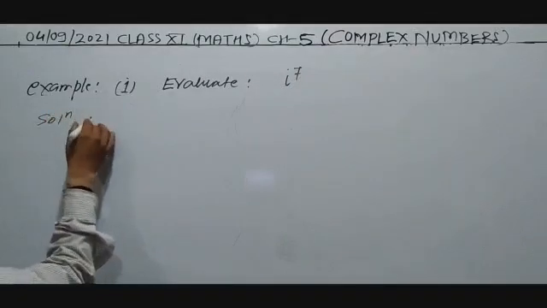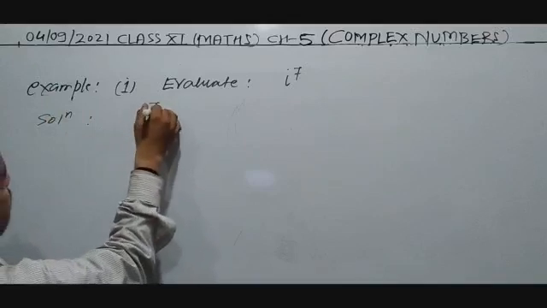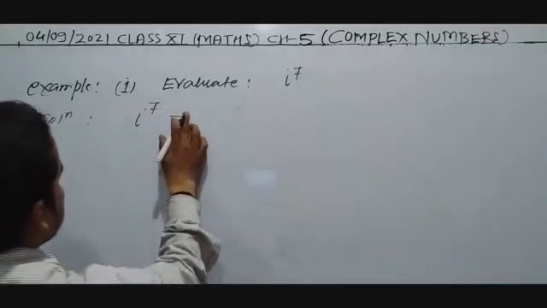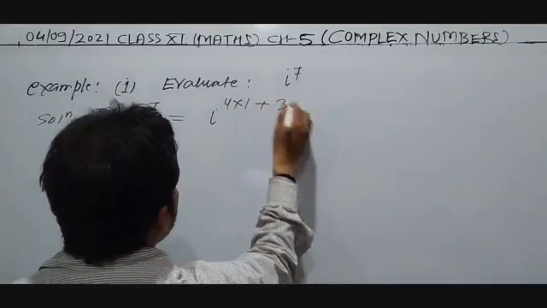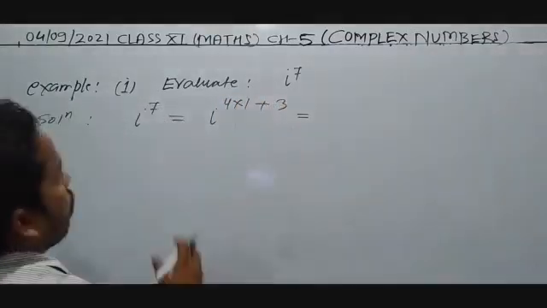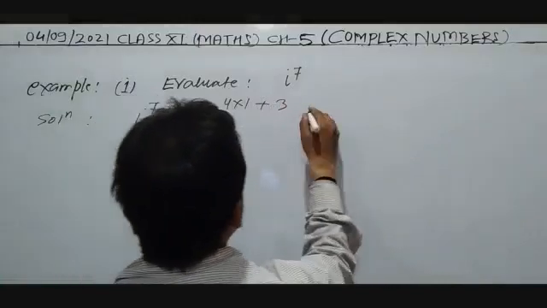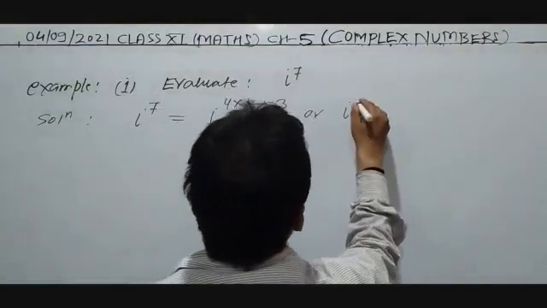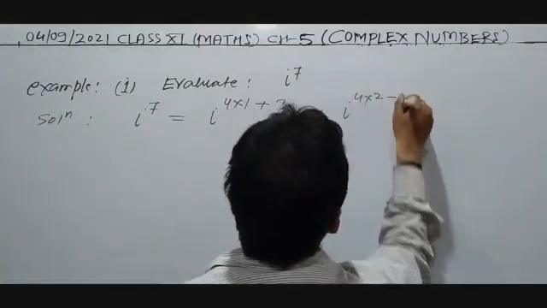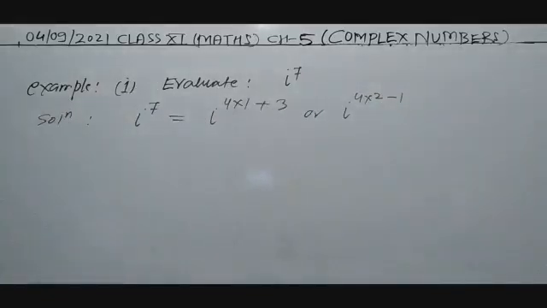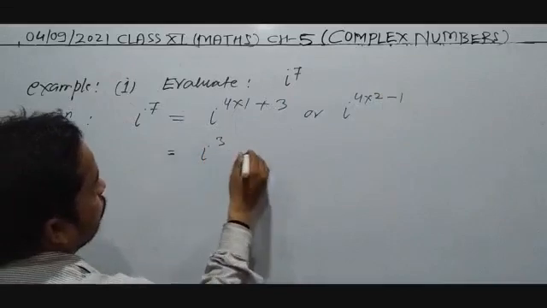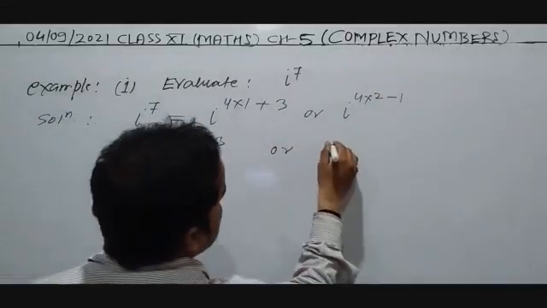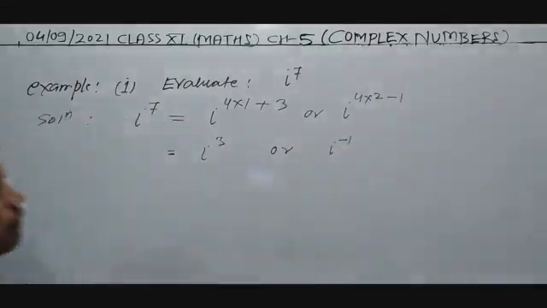Solution, i to the power 7 we can write i to the power 4 into 1 plus 3, or also we can write i to the power 4 into 2 minus 1. So its result is i to the power 3, or its result will be i to the power minus 1.